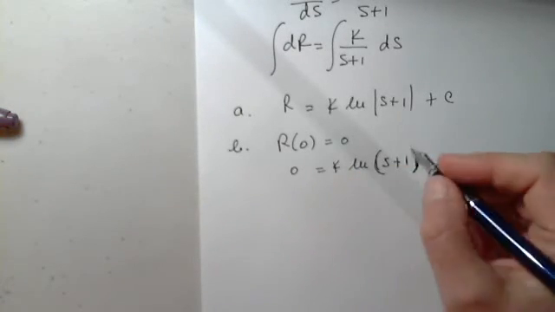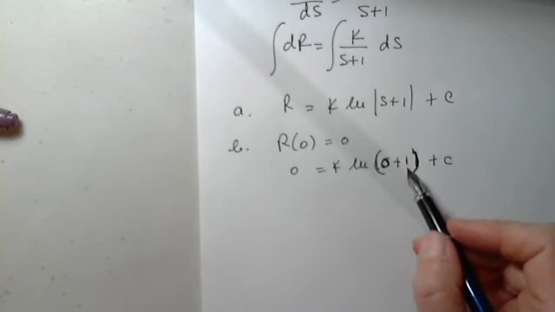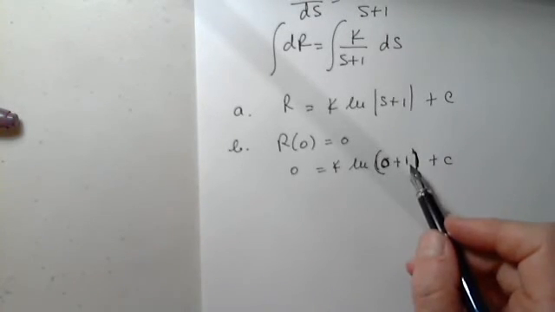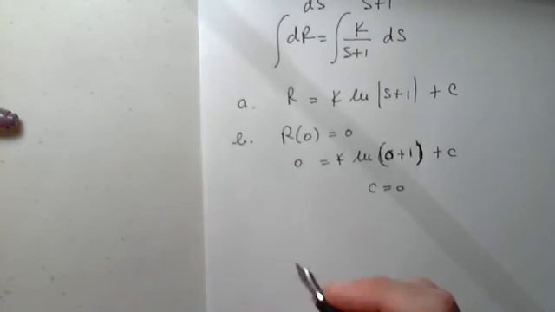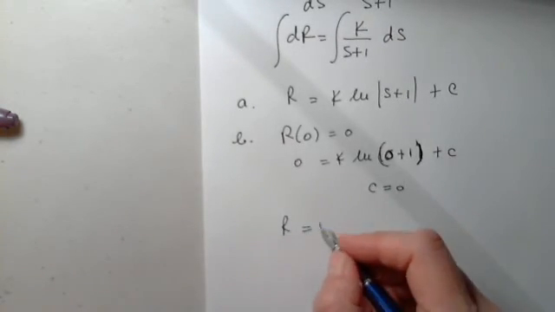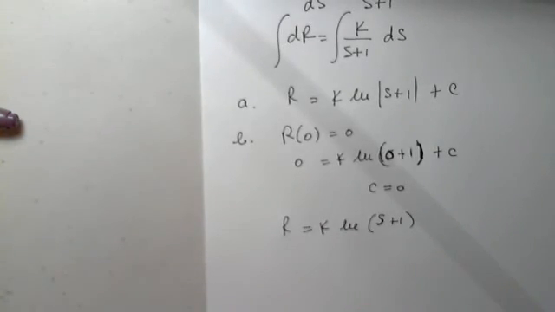So when S is 0, 0 equals k ln of 0 plus 1, plus C. Natural log of 1 is 0, 0 times k is 0, so C is 0. So I can say now that R equals k natural log of S plus 1.